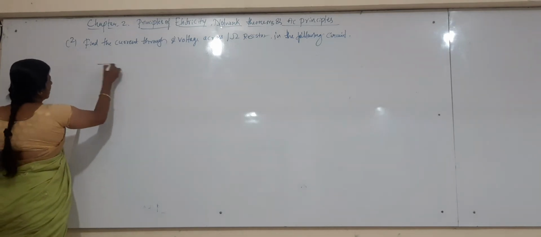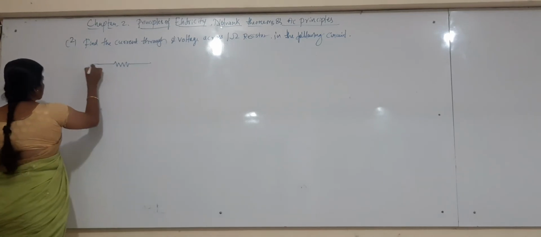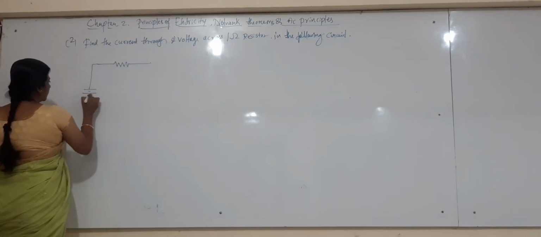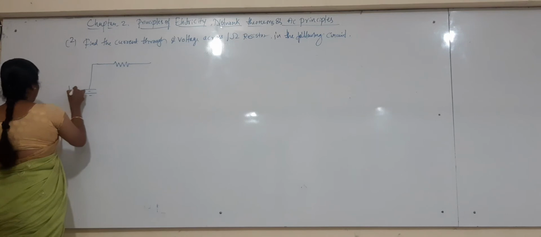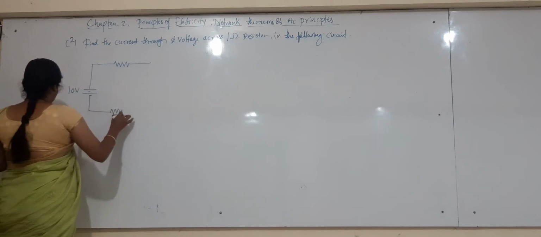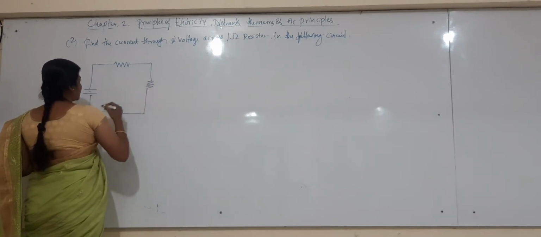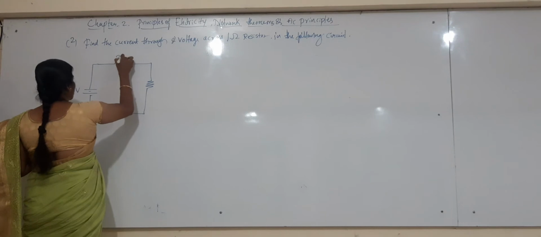The circuit here consists of one voltage source, a supply voltage of 10 volt. That is connected to a combination of resistors.